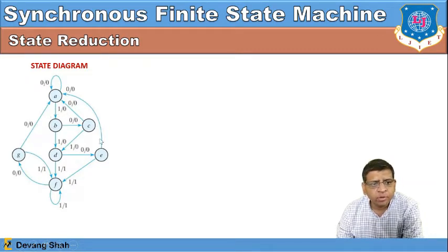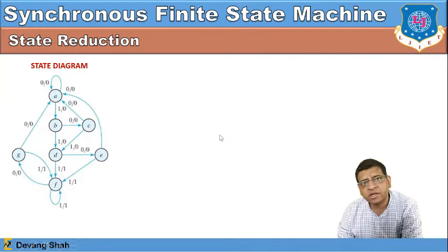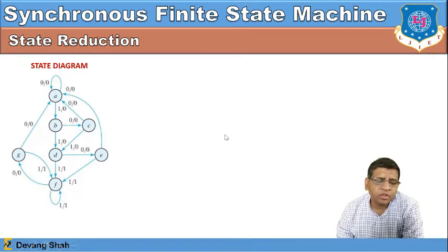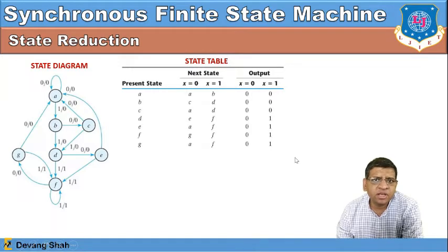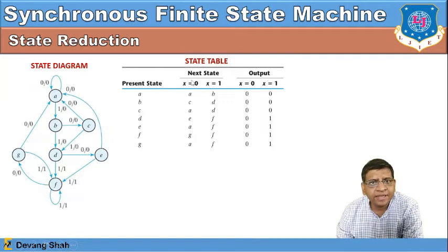Same way you can go through all this state diagram, as in our previous session: from the state diagram, how you can draw the state table. This is a kind of state table where all the present states are given like A, B, C, D, E, F. Based on that, the next state and output for x equal to 0 and x equal to 1, right?